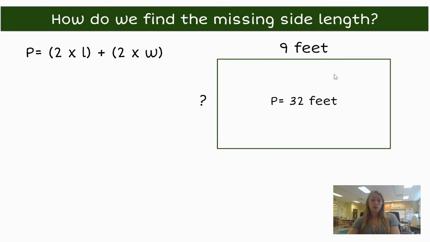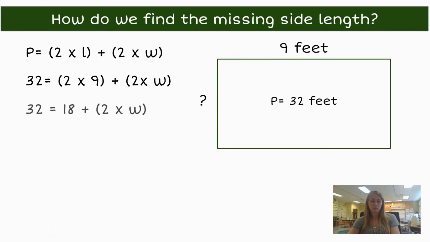So we have perimeter once again, and we're trying to find out that missing side length. So we're thinking all of these pieces, these sides, add together to equal 32 feet. So 32 is our total here. We can plug in our length because we see that we have 9 right here. So I know I have 2 sides that are 9 plus 2 that are missing, represented by this W here, our width.